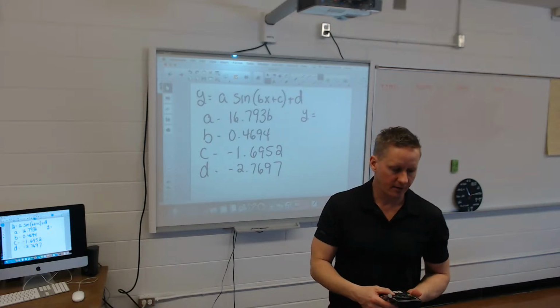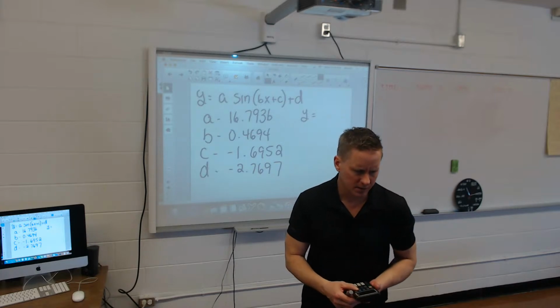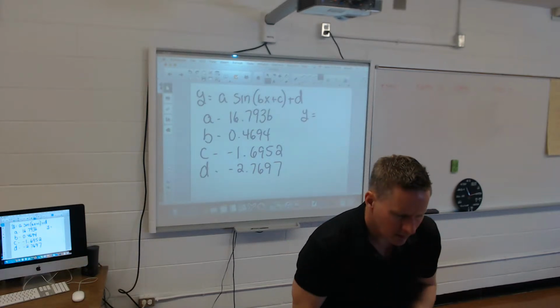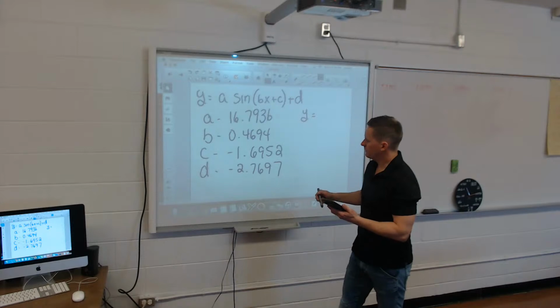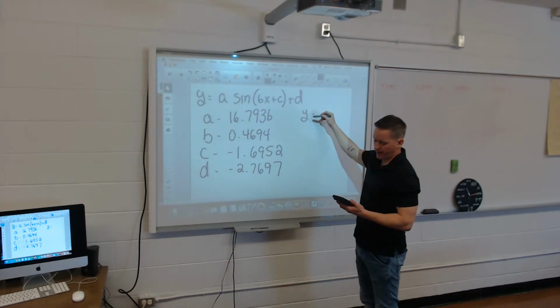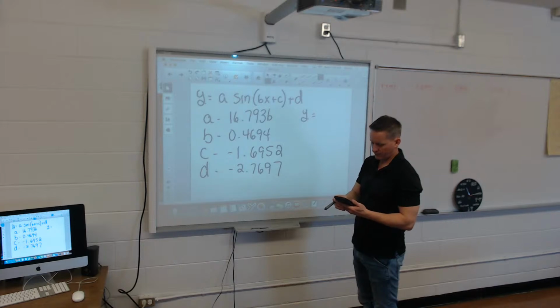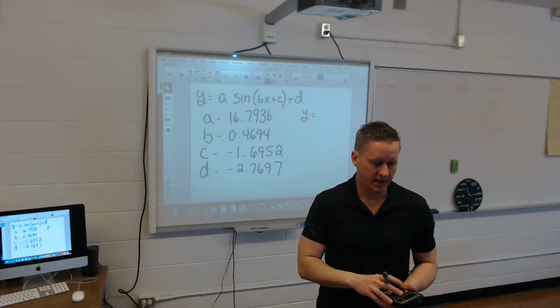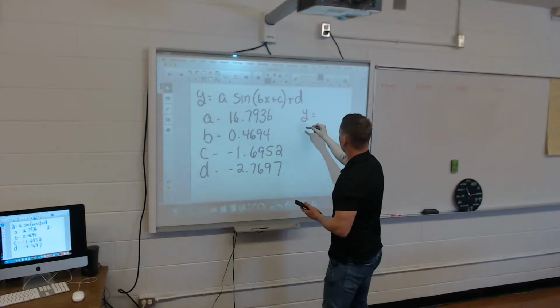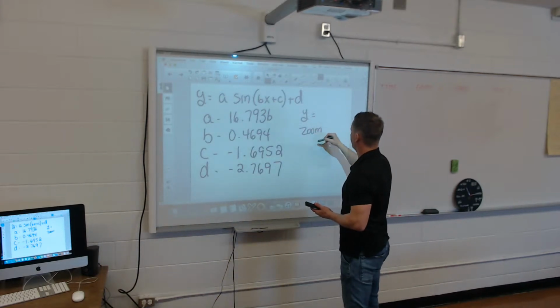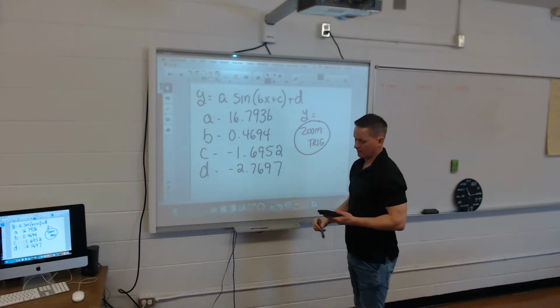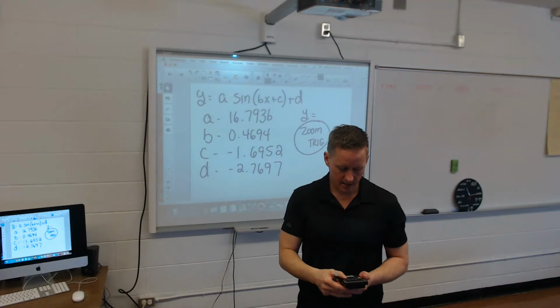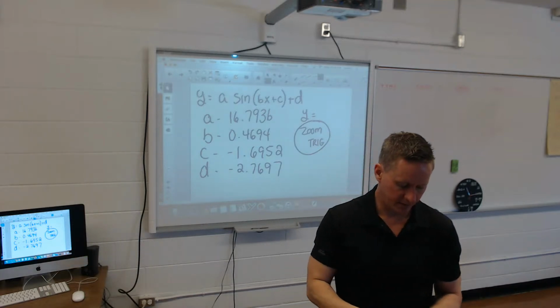So now I should have in y equals. So I've got this, okay, y equals, and then I can go zoom trig now. So hit zoom trig. So zoom 7.